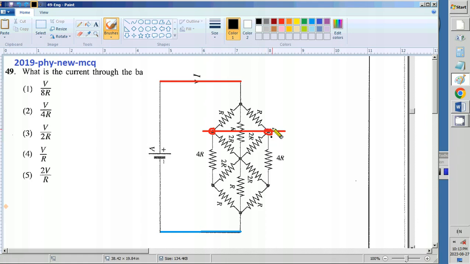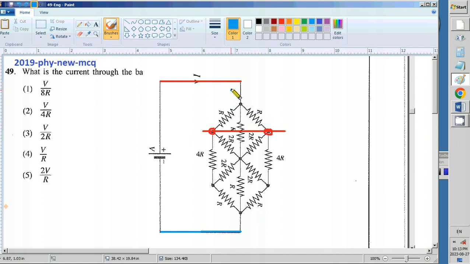Up to this point, the water coming along this line feels this resistance R, and after that, when leaving this level, it has to feel this 4R and this R. Now keep that in your mind.